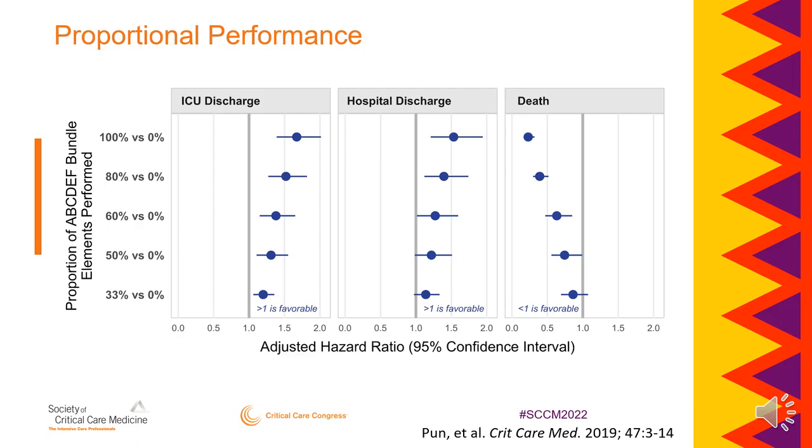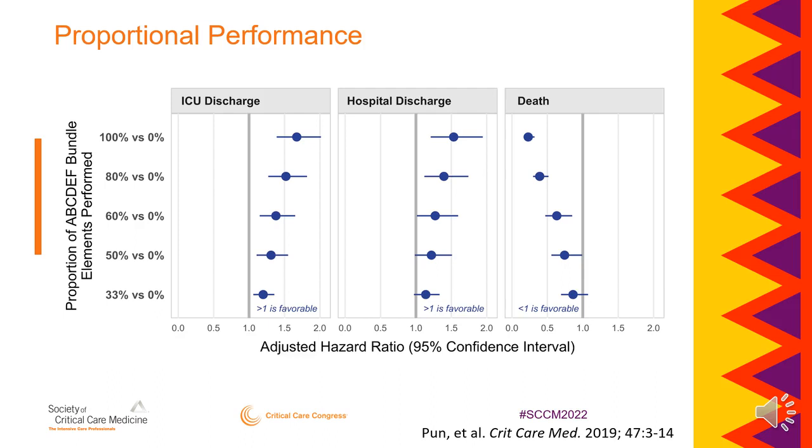So for example, if we're looking at ICU discharge, the more bundle elements, so they're down at 33%, they got a third of the elements that they were eligible for, they had better earlier discharge, right? 60%, even better. 100%, even better. And it's the same thing with, again, all those outcomes.